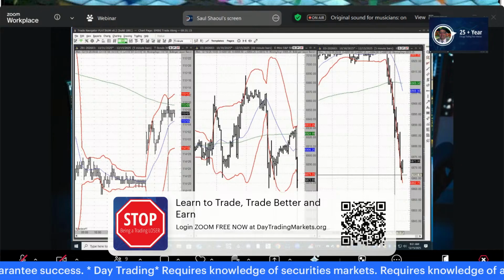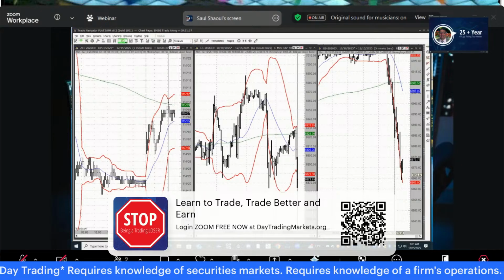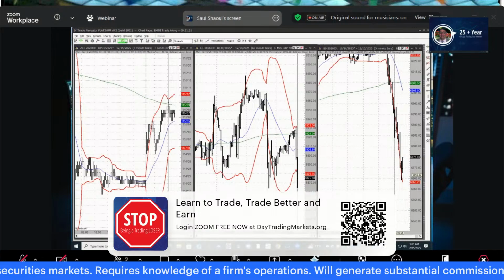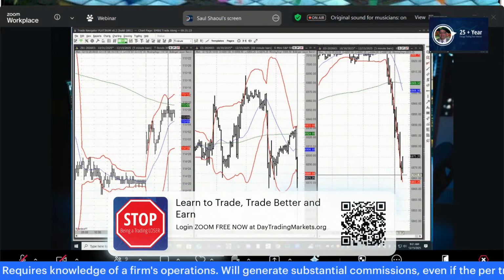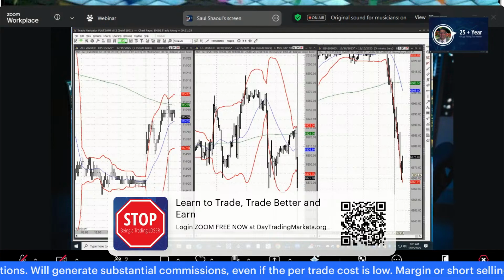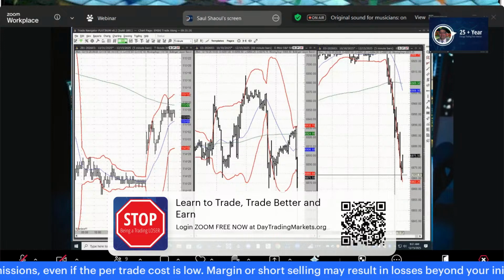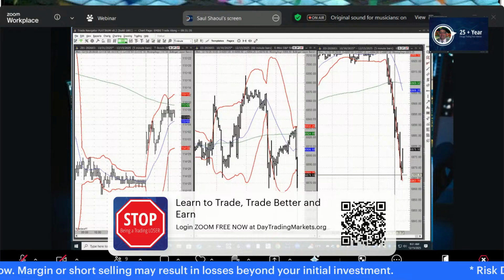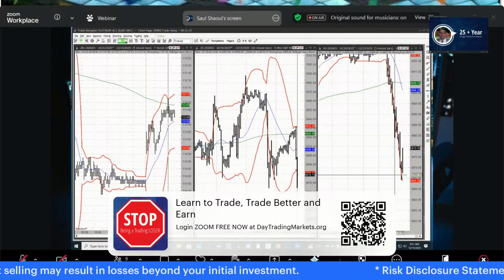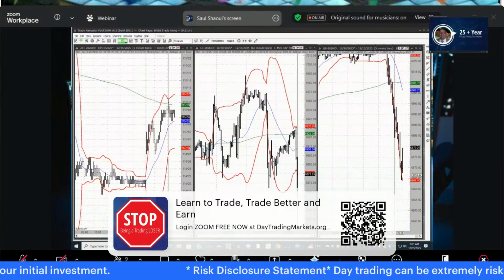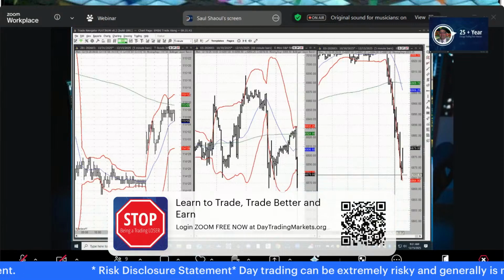Getting a little choppy here. Right now, resistance would be around the even area. All right, quickly hopping back up here.